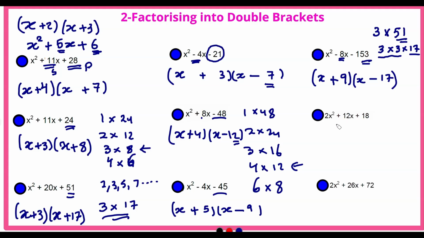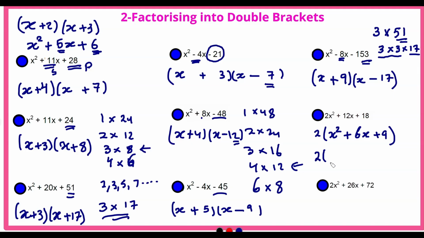What about this one? We said if there is a highest common factor, take it out. So the highest common factor here is 2. And I have x squared plus 6x plus 9. Now I do what I did on the previous question. Two numbers multiply, I get 9, and add them, I get 6, which is 3 times 3. What about the 2?